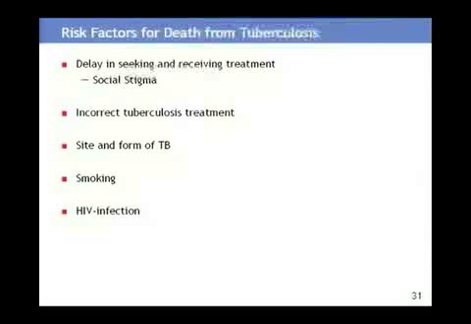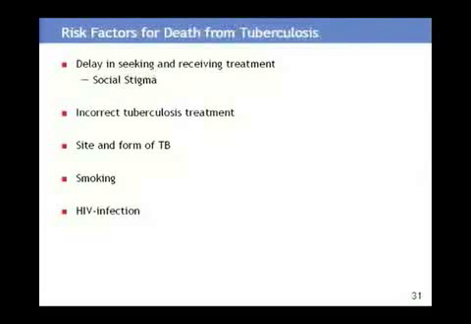There is certainly social stigmatization that plays a role in this, and this is important in India as well, where often people do not want to be diagnosed with TB because of the social stigma attached to it, and therefore will delay presenting to their local healthcare centers and not get diagnosed with TB for prolonged periods of time, which will ultimately lead to greater risk of death.